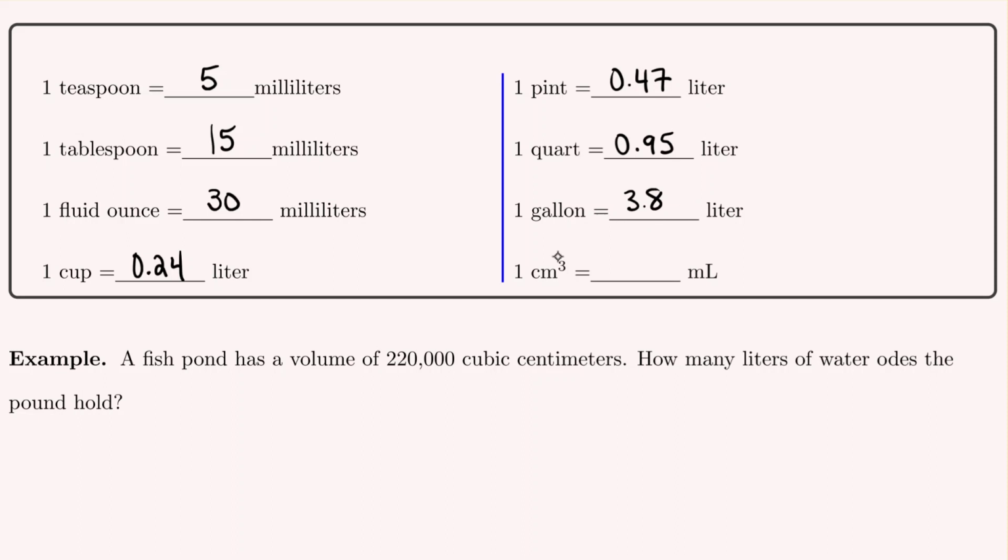And 1 cubic centimeter, so see the centimeter cubed, is equal to 1 milliliter. And both of these charts, as always, will be provided on the exam. Students just need to know how to work with the information given.